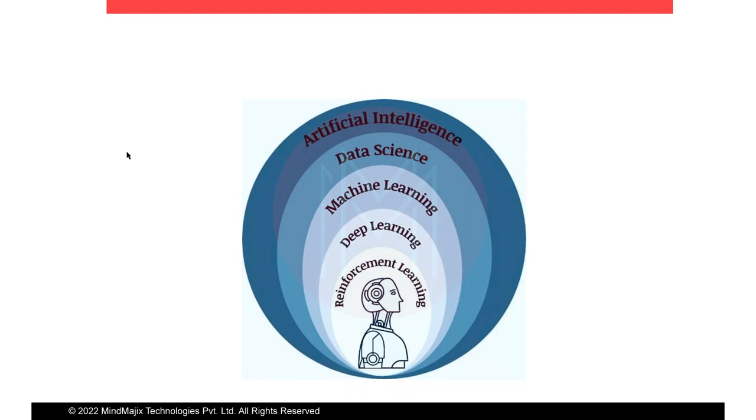There are three different types of machine learning algorithms. Those are supervised learning, unsupervised learning, and semi-supervised learning.